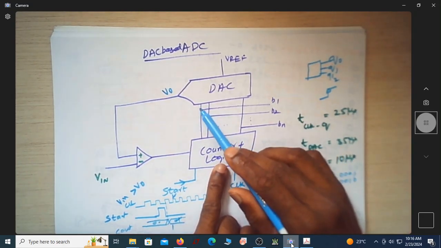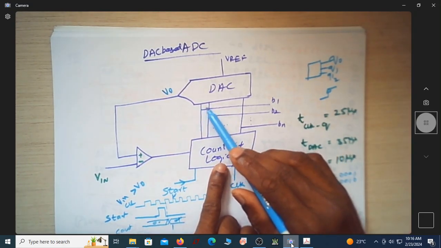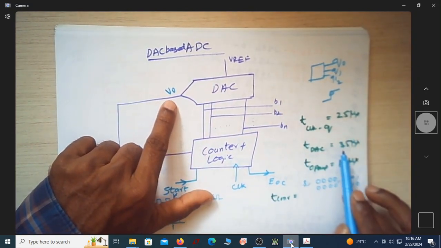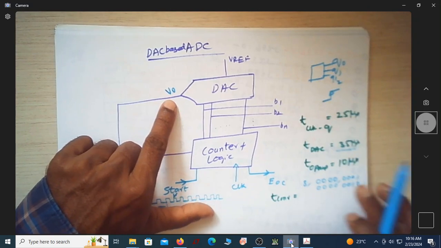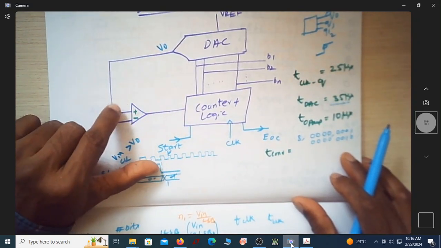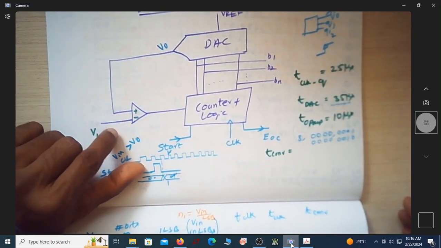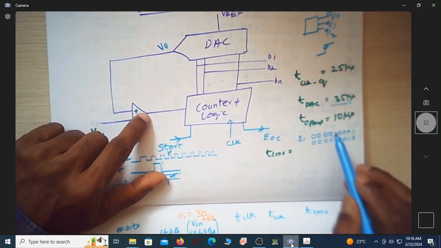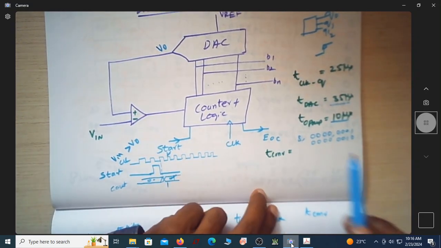Once you give the digital input combination, the DAC will not give the output immediately. It is taking 35 microseconds as per the specification. Once you have some value, the comparison also does not happen immediately. It is taking 10 microseconds.